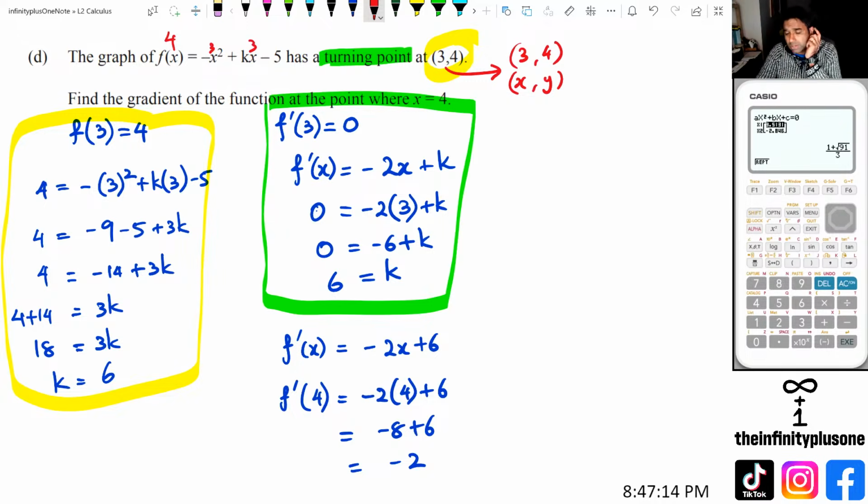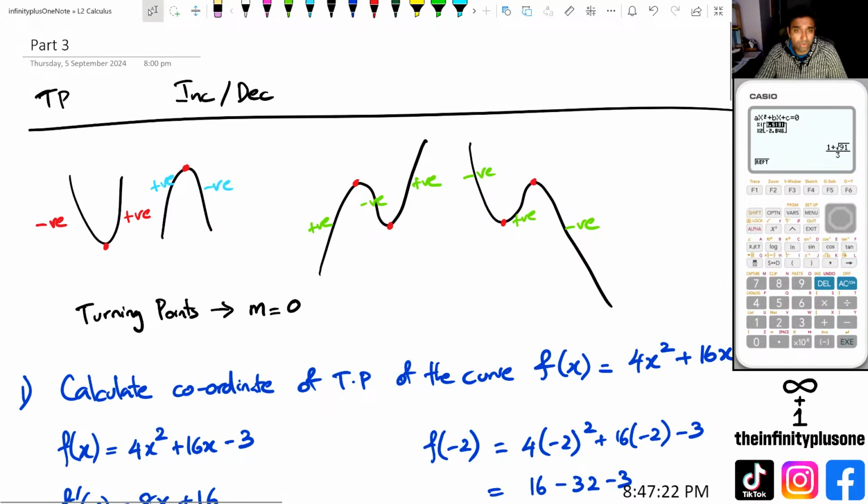So with increasing and decreasing function, all you need to know is this right here. We're going to go back to this right at the start of the tutorial. To find an increasing or decreasing function, I'm going to highlight this.